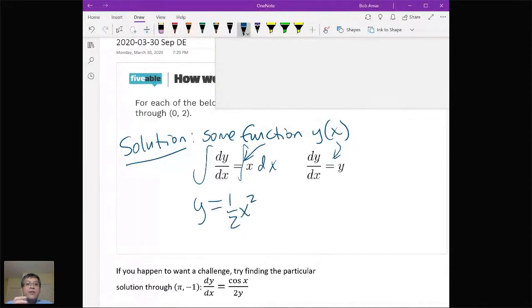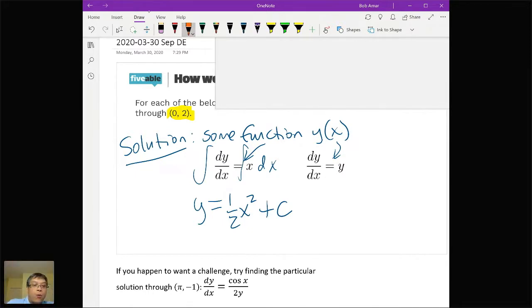But this is not the only function whose derivative is x. So if you've done an integration unit, then you know that there's a plus c that gets added on to the end of this. This is called the constant of integration. And since you know that it goes through (0, 2), we can use that fact to solve for c.